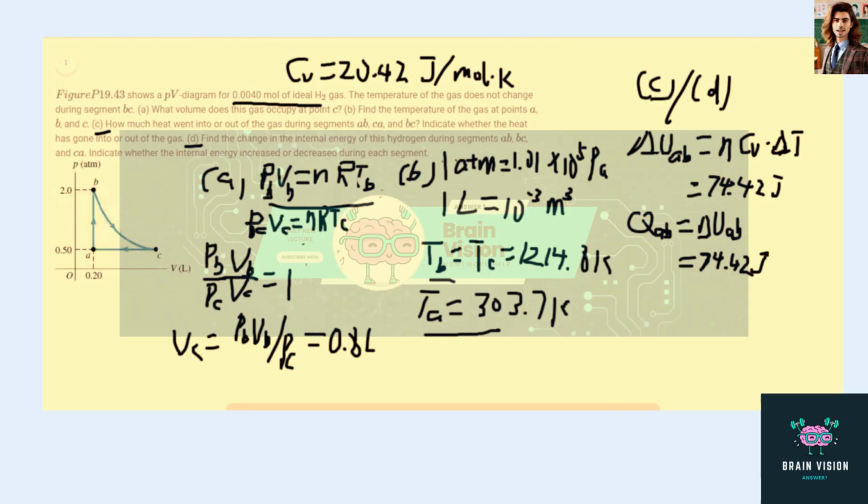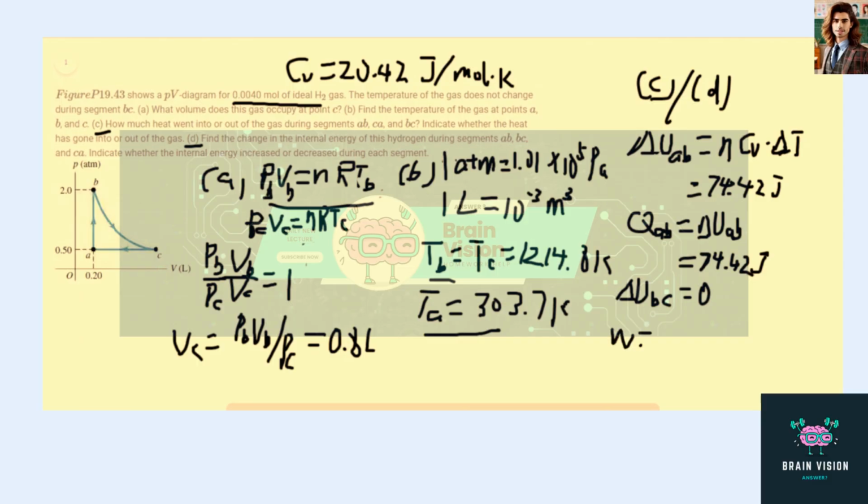In process BC, because the temperature does not change, delta U is 0. So the internal energy does not change. And for the work, there's a formula in your textbook for constant temperature.